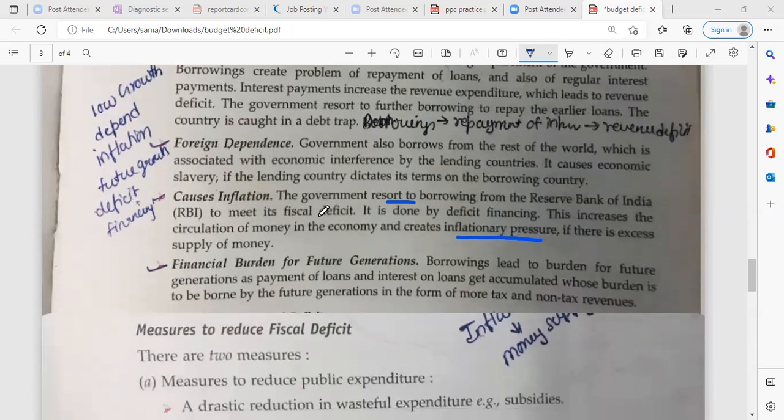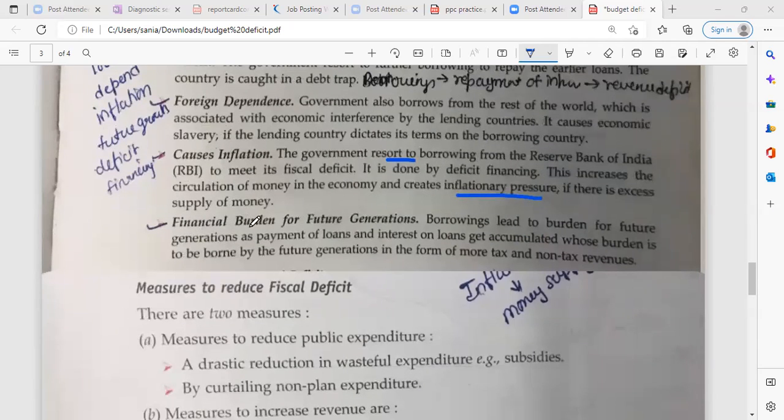Now, next is financial burden for future generation. See, for example, this is a man, and this is his family. I'm just giving you the example of a family. For example, this person took a loan from somebody else of 100 rupees. He's paying.